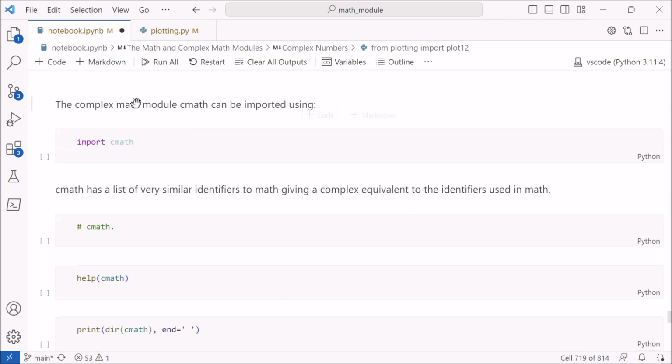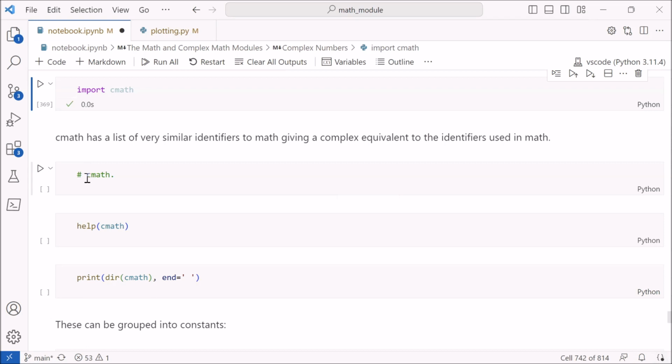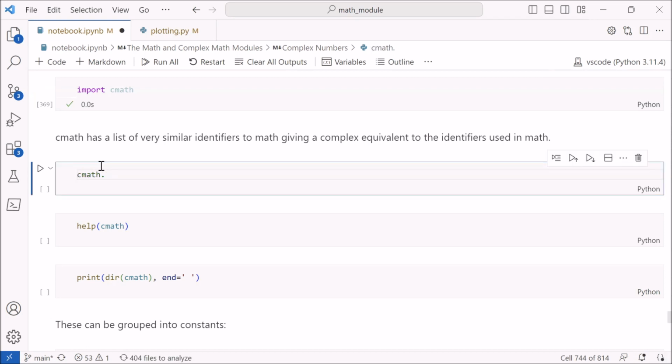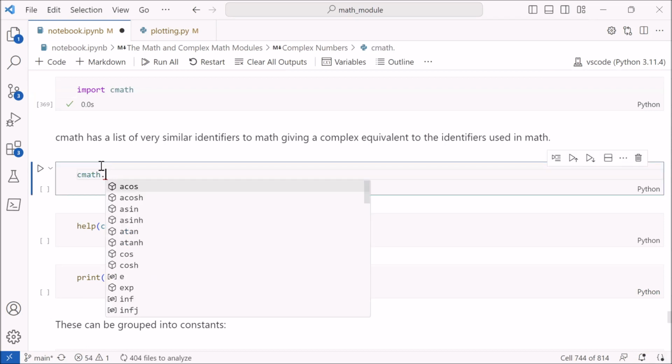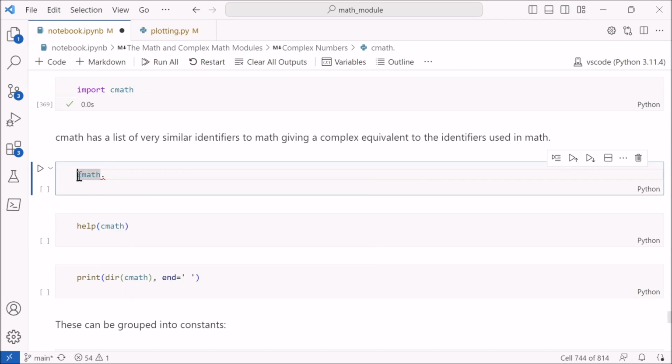So the complex math module CMath can be imported using the following. So once it's imported, a large number of identifiers can be seen. And you'll notice that most of these identifiers have the same name as the identifiers in the math module. So they're essentially the same identifiers, but have been modified to work with complex numbers.